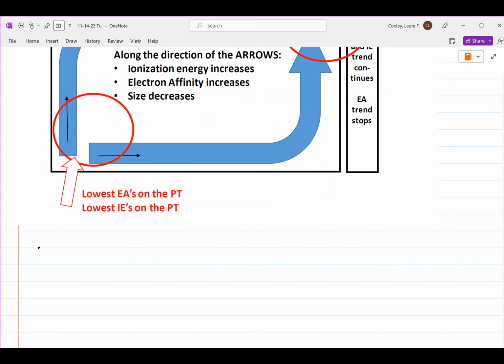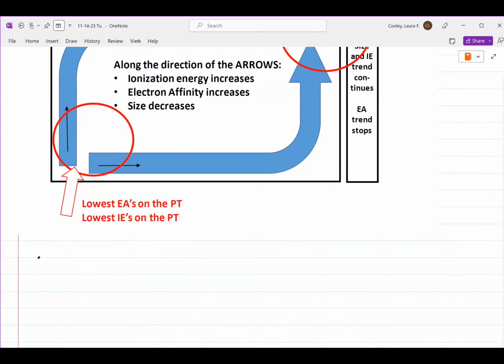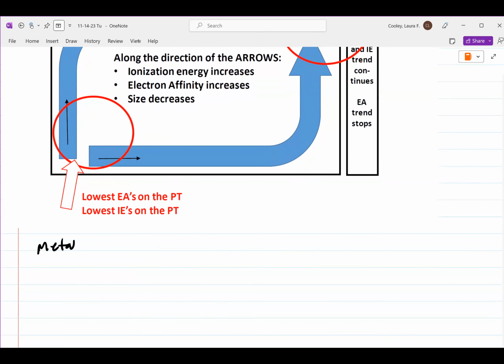Okay, so let's think about that for a minute, because we know the metals are on the left side of the periodic table. And metals have, okay, so what do they have? They have low ionization energies. How do I know that?